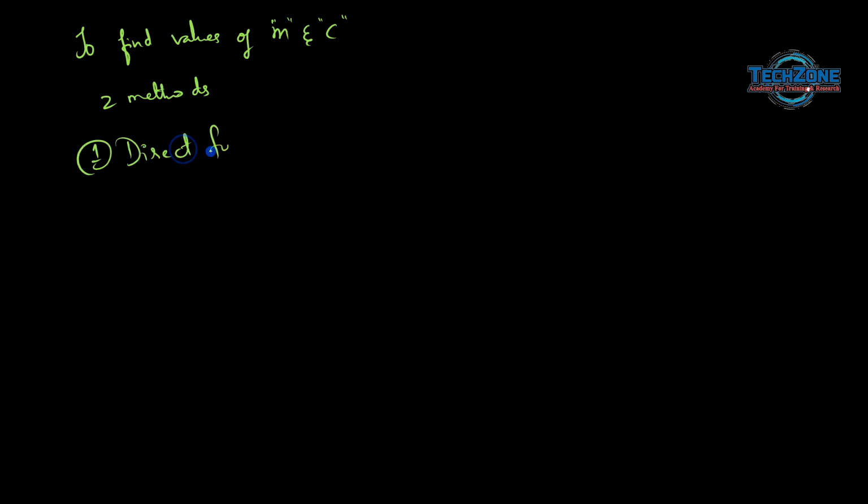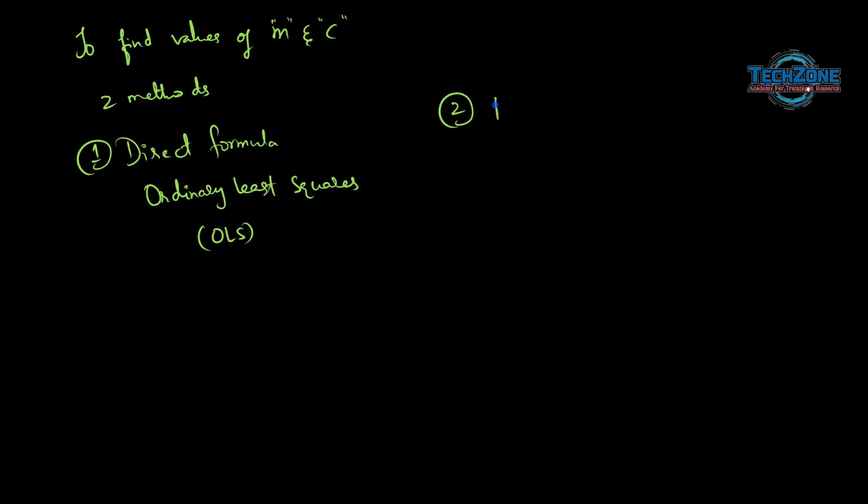We have 2 methods for that. To find the values of m and c, you have 2 methods. First one is using the direct formula, or sometimes it is called the ordinary least squares, OLS method.